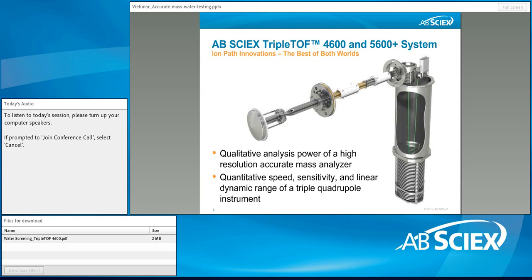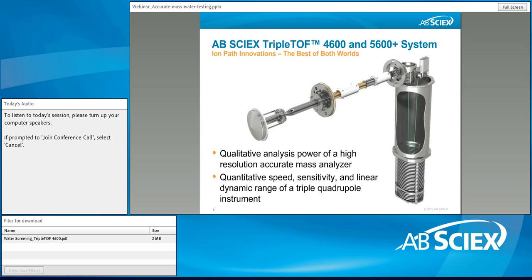This is kind of like the schematic of the TripleTOF instrument. In the front end, there would be the ion source, and then ions are transmitted into the ion path of the instrument. You can see the golden quadrupole in the middle. That's the first quadrupole where we can filter molecular ions we want to handle in MS/MS. Then behind is the collision cell, and then ions are pulsed into the time-of-flight analyzer region.